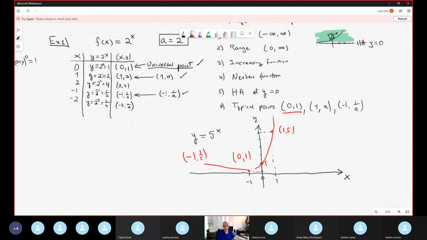I know very well that this exponential approaches but never touches the x-axis asymptotically. And this is the graph of the function y equals 5 to the x.